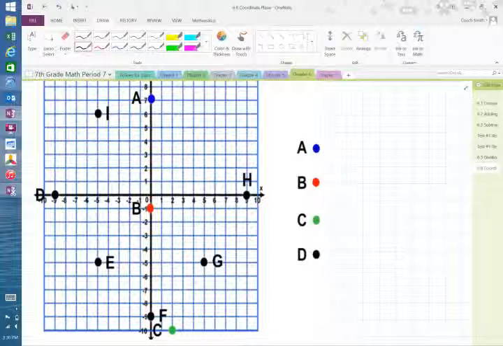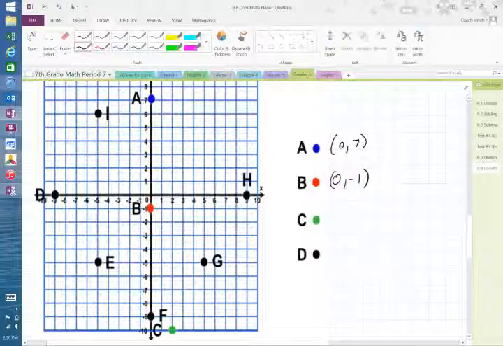Tristan, what did you get for A? Yes. The coordinates of A is 0 and 7. Okay. B. Lily? Yes. 0 and -1. How about C?